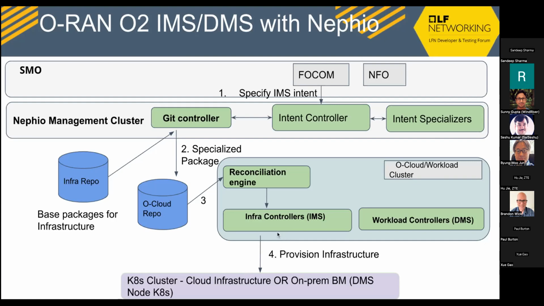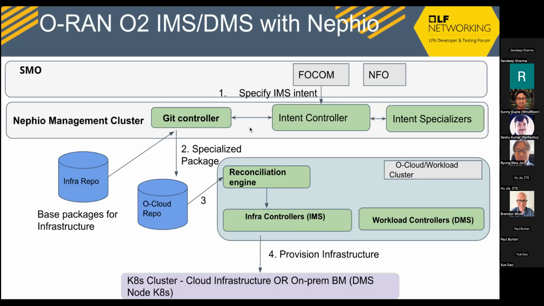Or it could create the custom resources of Metal3, for example, and Metal3 will perform the discovery and the provisioning of a bare metal server. Followed by that, we can use Cluster API in the southbound for the provisioning of Kubernetes on top of that. So there are a lot of possibilities, a lot of ways in which we can achieve this.